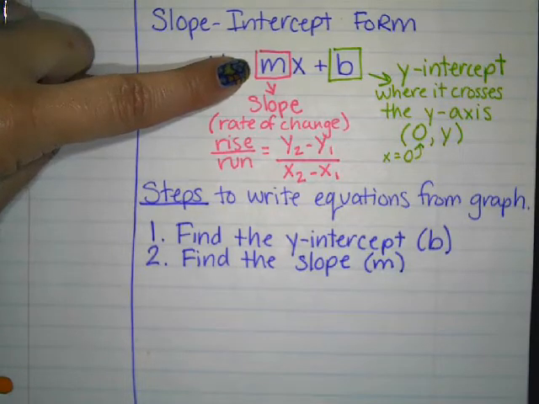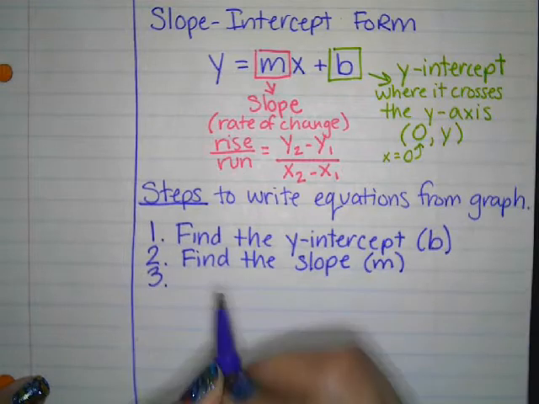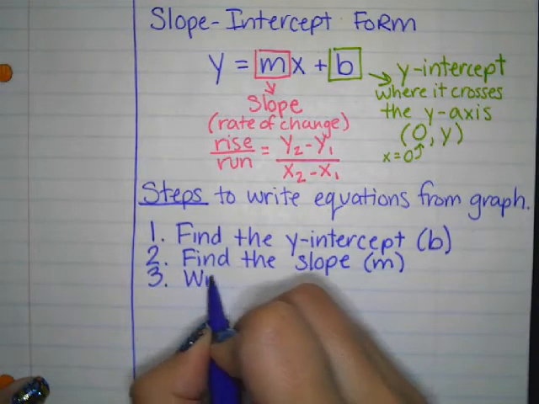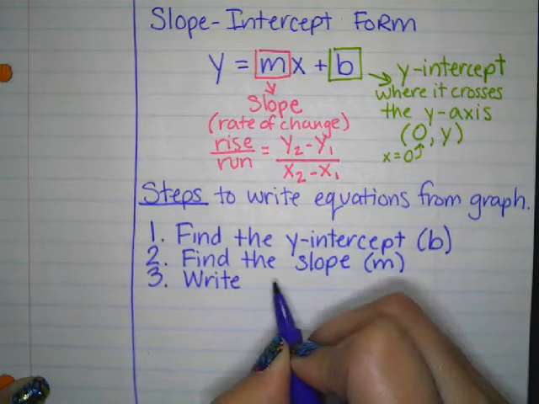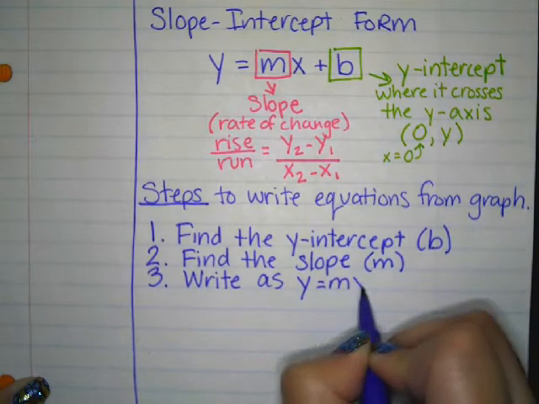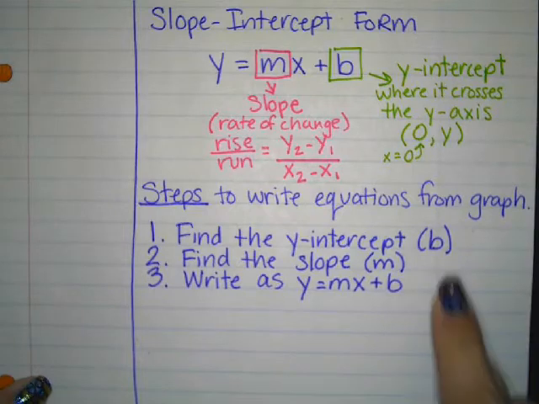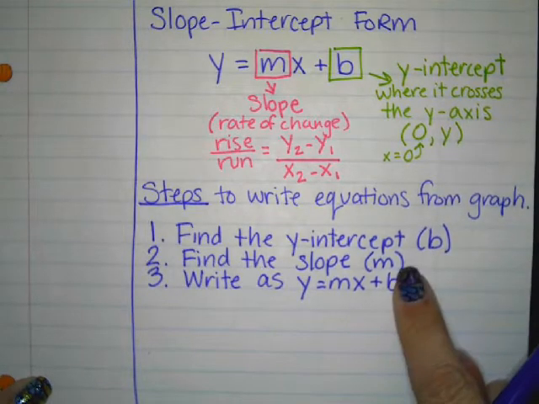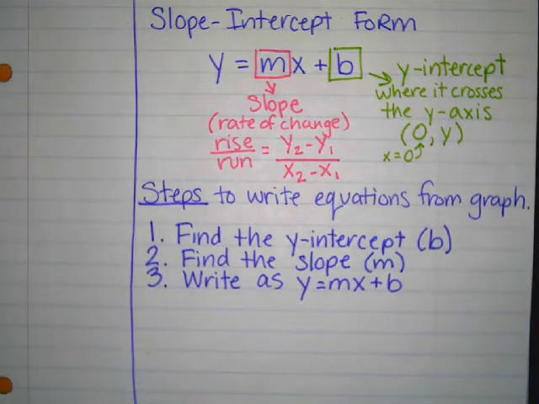And our final step is to write the equation as y equals mx plus b, using the b value and the m value that we found in steps 1 and 2. Okay, so let's go ahead and look at your homework and do a couple of those problems, then we'll come back and add to our notes.